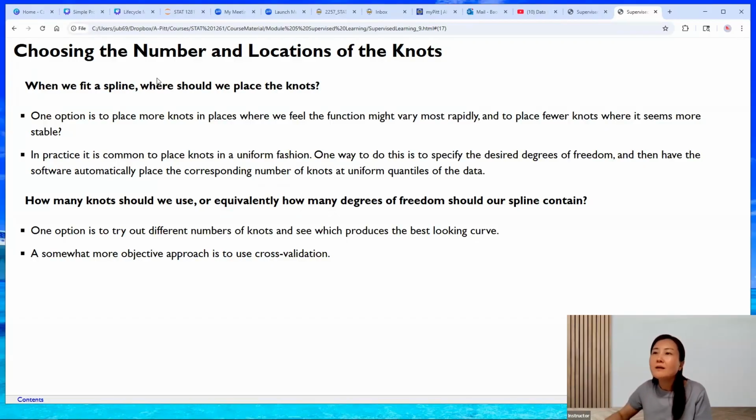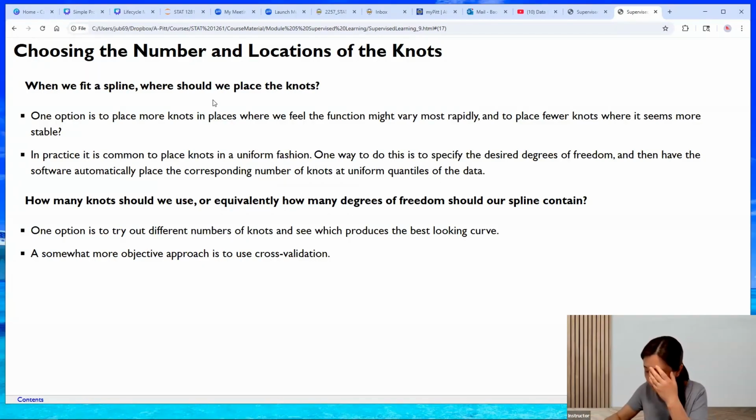Another, more common option is to place knots in a uniform fashion. Namely, you just specify how many knots or how many degrees of freedom you want in your model, and also specify the degree, the highest degree of the polynomial. Then the function will automatically calculate the number of knots you need and put the knots in a uniform way.